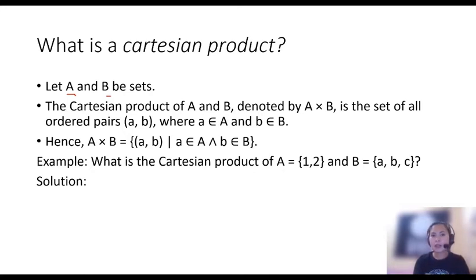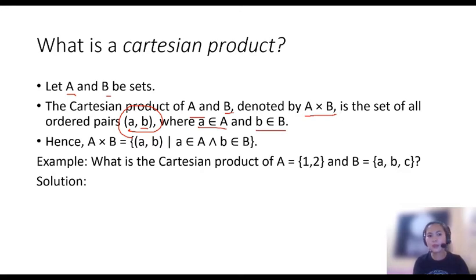So, what is the Cartesian product of sets A and B? The Cartesian product of A and B is denoted by A × B. This is the set of all ordered pairs (a, b), where a is an element of A and b is an element of set B. This means that in the Cartesian product, all of the elements of sets A and B are combined in this form, (a, b).